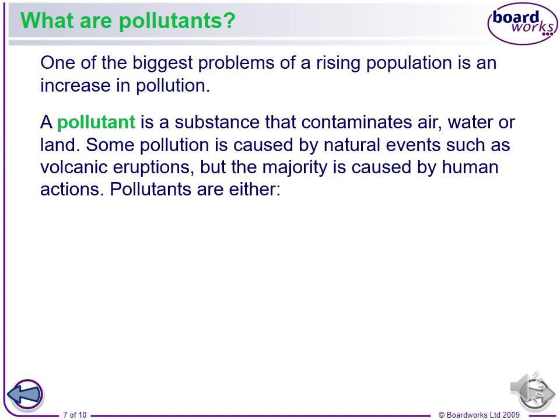So what is a pollutant? It's a substance that contaminates air, water, land, and can be caused by natural events such as volcanic eruptions. The majority is caused by human actions though. Now when we had that big, huge eruption 5 years ago, something like that, the volcanic ash and the damage that it caused by blocking the sun and throwing all that stuff into the air circled the globe.